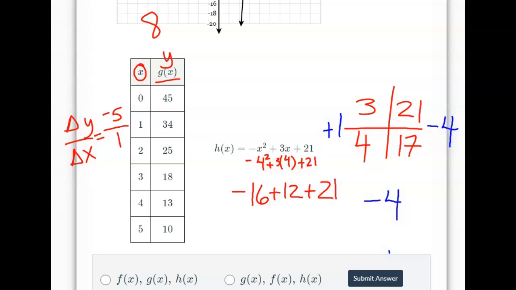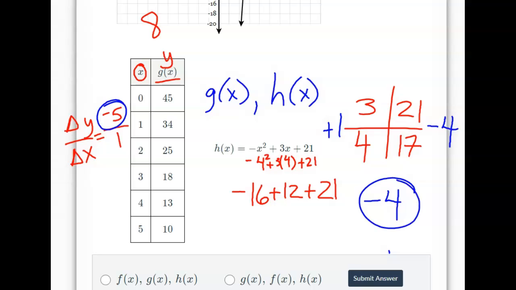And so to order from least to greatest, I would have to do g of x, because that value was -5. And then the next would be h of x, because that value was -4. And then finally, my final one was f of x, because that value was 8.